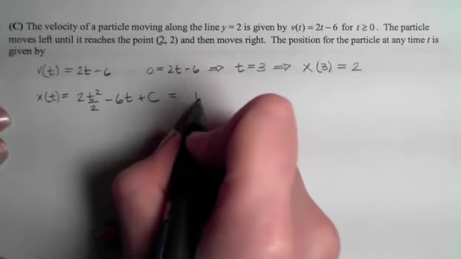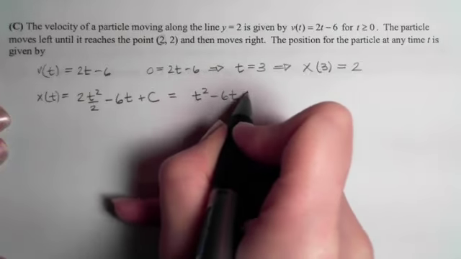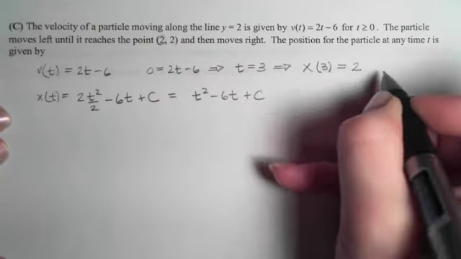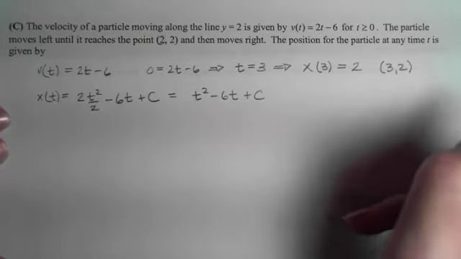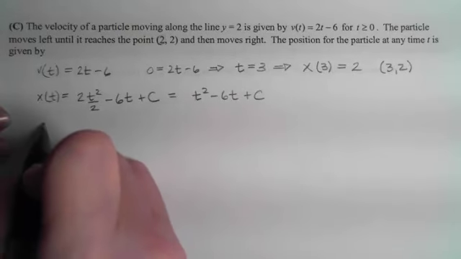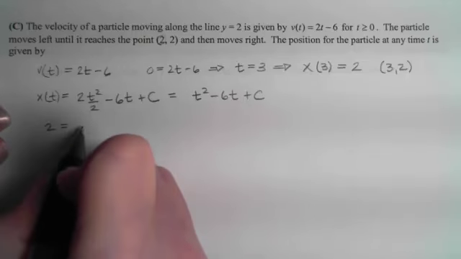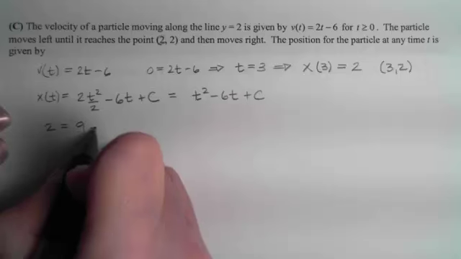If I simplify that, I get t squared minus 6t plus that constant. Now we're going to use the point (3, 2) on the position curve to nail down the c. So I know that the position is 2 when I plug in a 3.